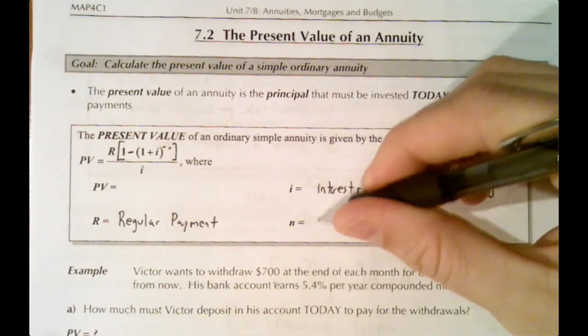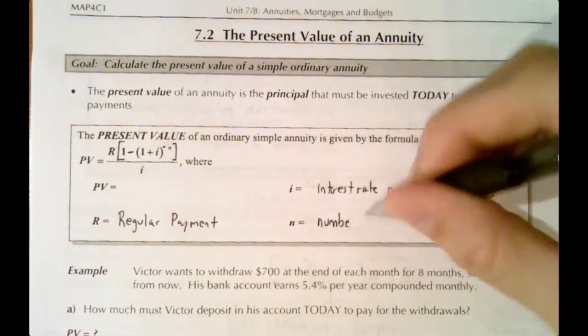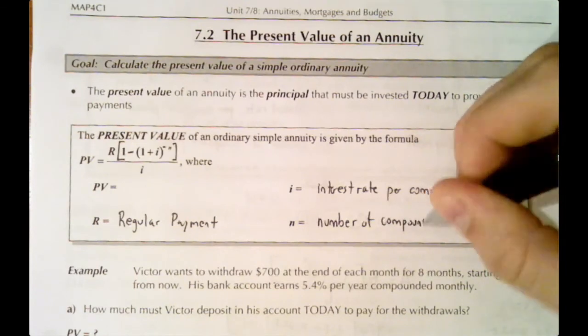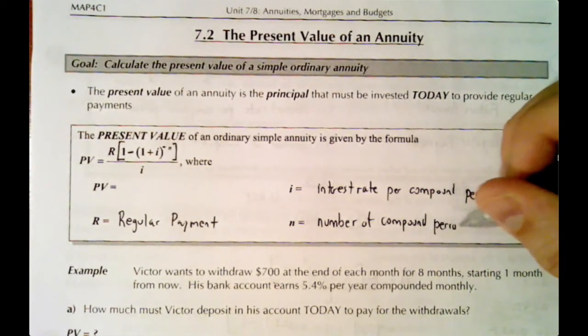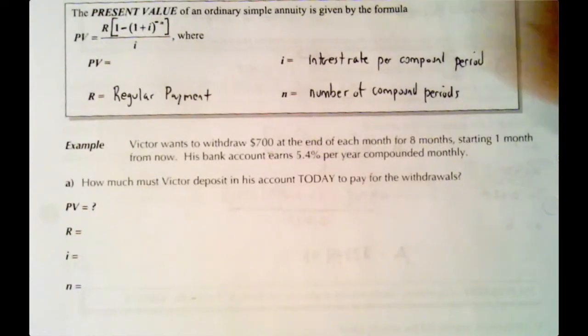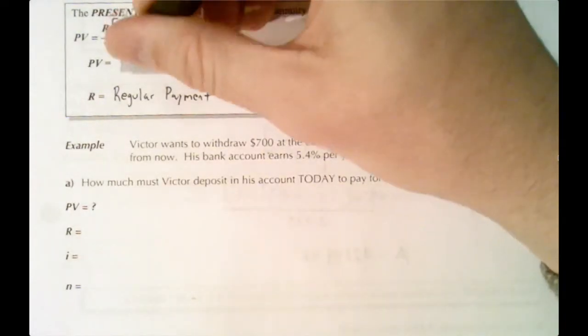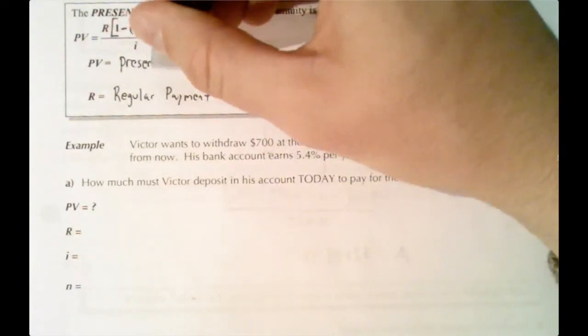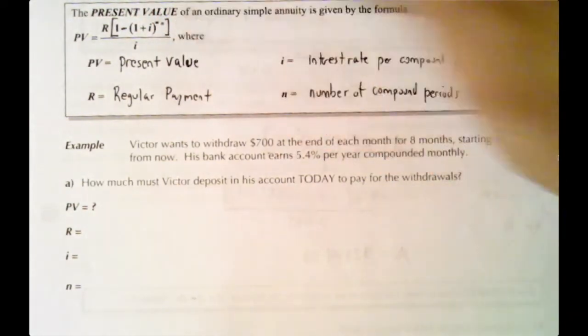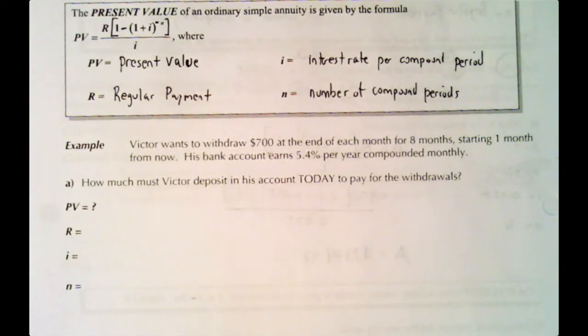And n is still number of compound periods. All right, let's try to use the equation. In order to use the equation, oh, I forgot about PV. PV is the present value.